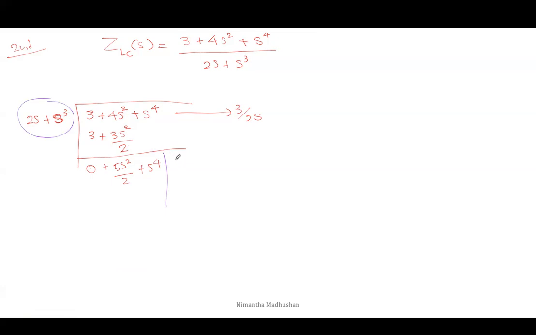This term, 2s plus s to the power 3, value is 4 over 5s, 2s plus 4s squared plus 4s cube over 5, 0 plus 1 over 5 s cube.